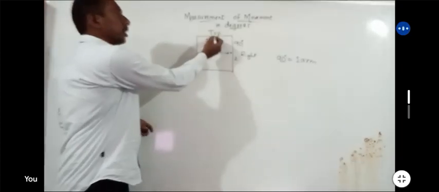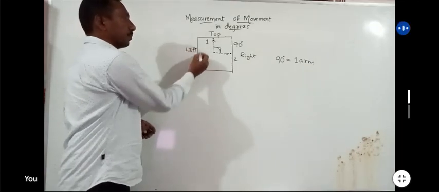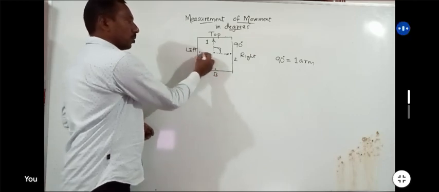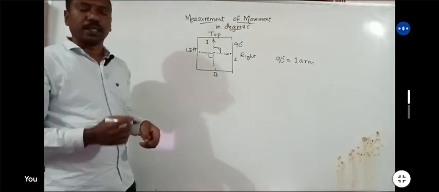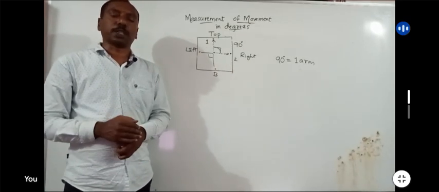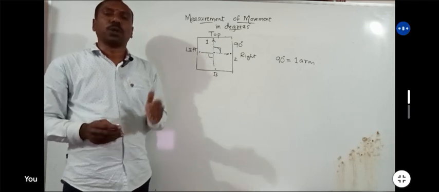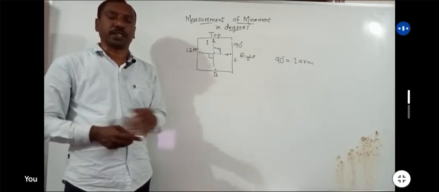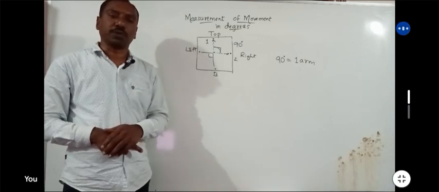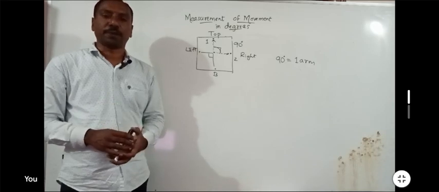In the same way, top to left is also 90 degrees. Left to bottom is also 90 degrees. The first concept is that whenever movement takes place from one main position to the immediate main position, the movement in degrees will be 90 degrees. A right angle movement will be there.